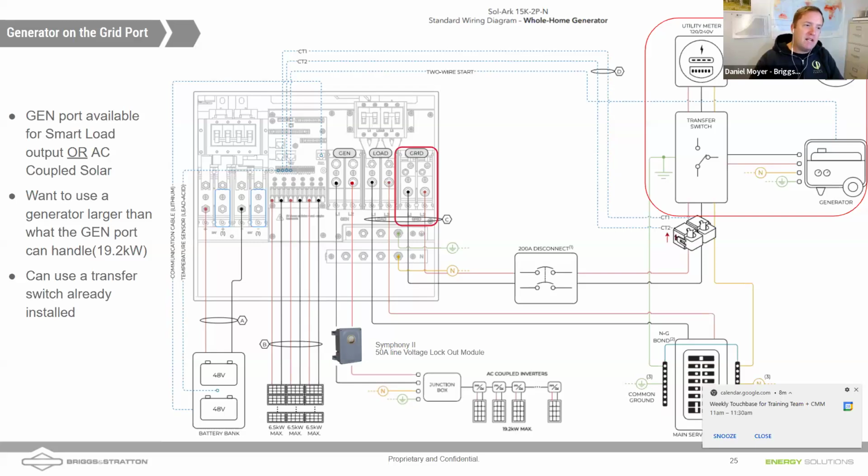Do you know the max amp rated lockout module that is available for preventing the AC coupled solar from backfeeding the generator? So my suggestion, 50 amps for us, and most homes are not going to have more than 50 amps unless they have more than 200 amp service.